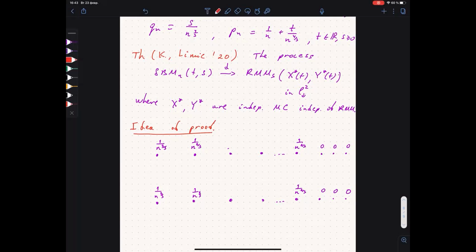Of course, we have the edges between them, which appear with probability pn, and here also with probability pn. And here the edges appear with probability qn, which is equal to s divided by n^(4/3).